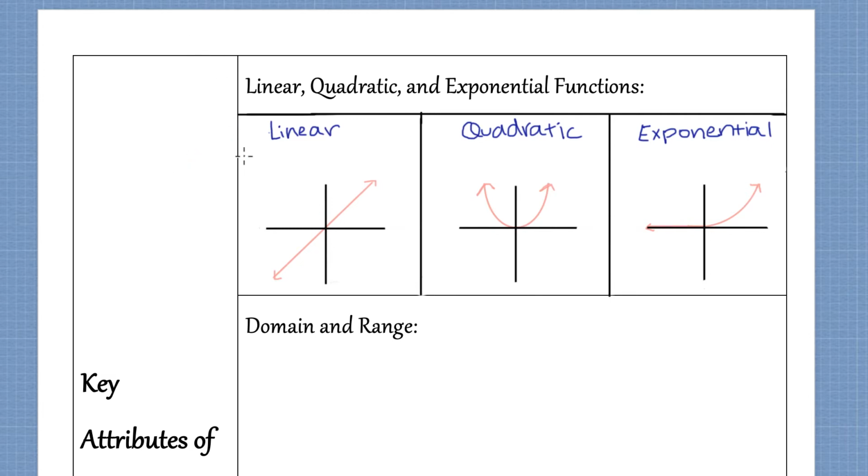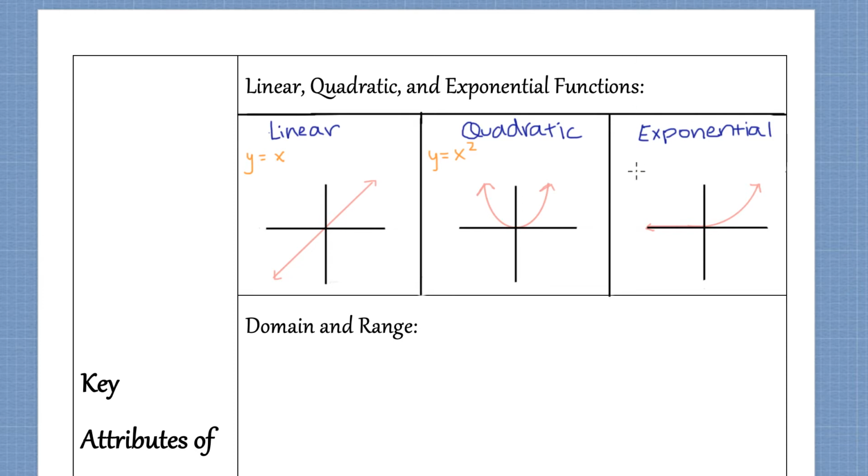For a linear equation, the equation is y is equal to x. If you were to graph this, this would be the parent function of a linear equation. For a quadratic equation, it is y is equal to x squared. And if you graph this, this is what you get.